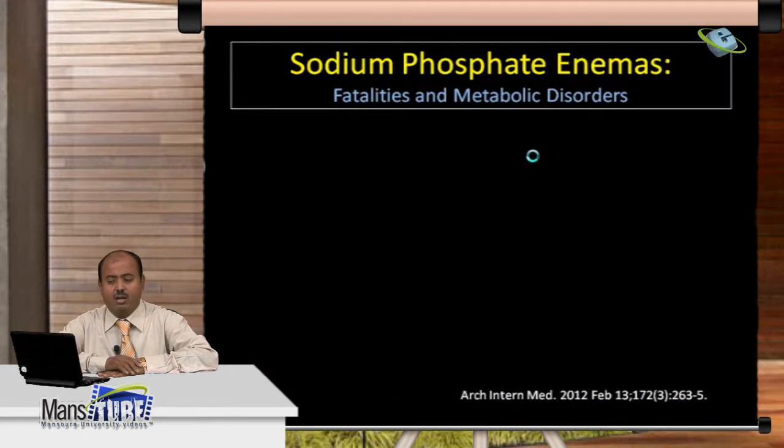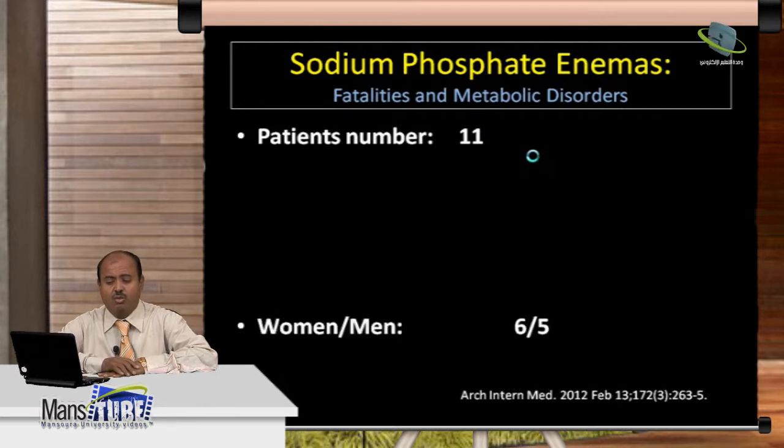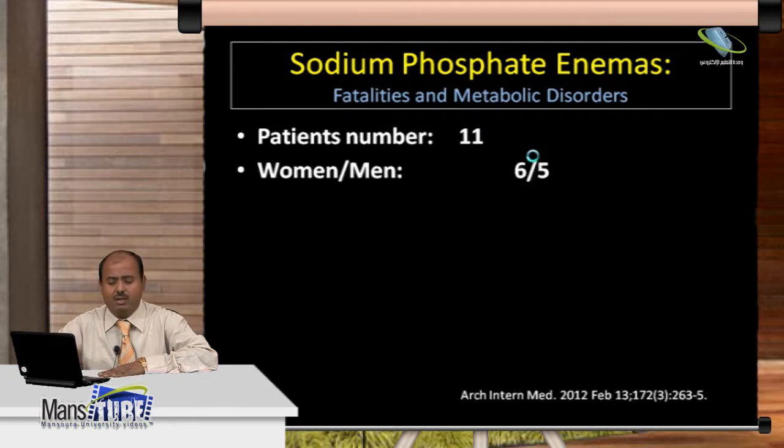Regarding sodium phosphate enema, the notion was that the phosphate present in this enema is not absorbed, so it works locally as an osmotic, but the studies showed that sodium phosphate enema may lead to fatalities and metabolic disorders, as was published this year. So this study included 11 patients from the geriatric age group, 6 women and 5 men. The age is 80 years.